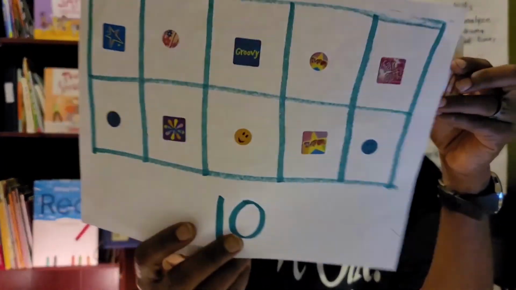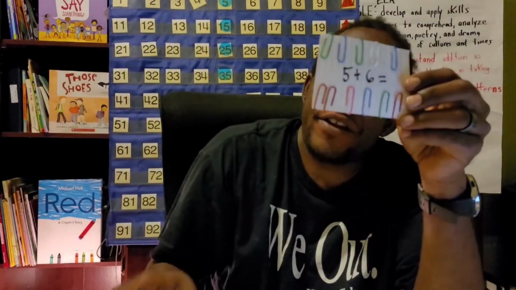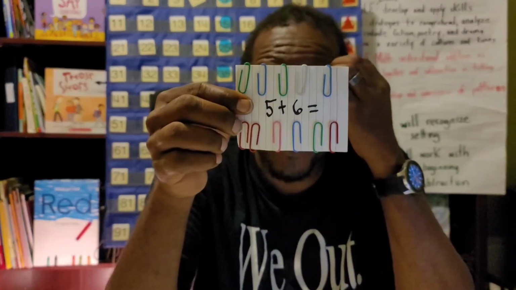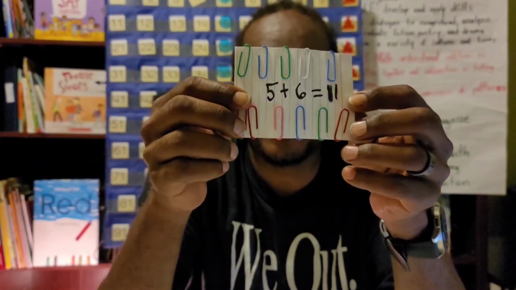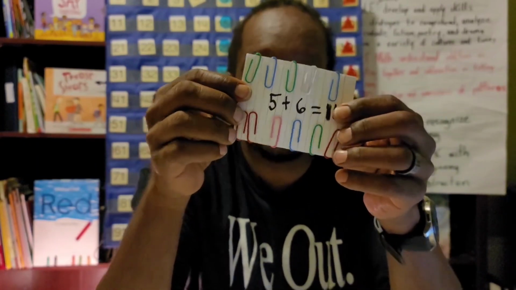So you can use your 10 frames to count on if you have a number bigger than 10 or more than 5. So 10 plus one more is 11. So 5 plus 6 is 11. And my number sentence is right there in the middle. 5 plus 6 is 11.